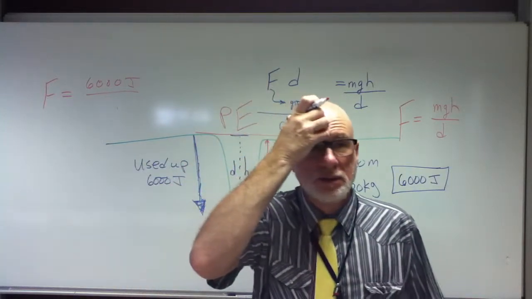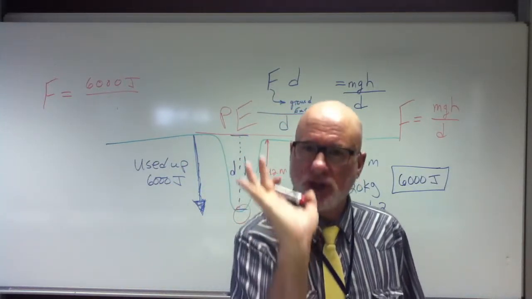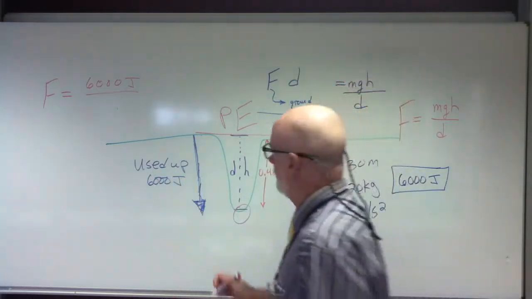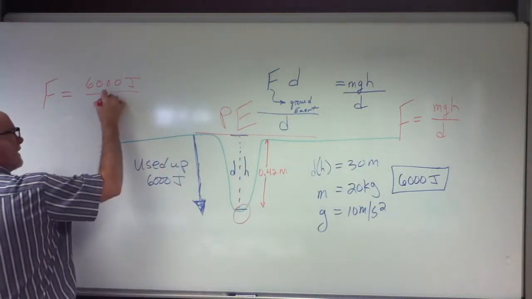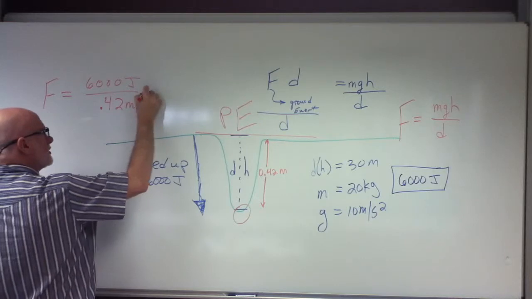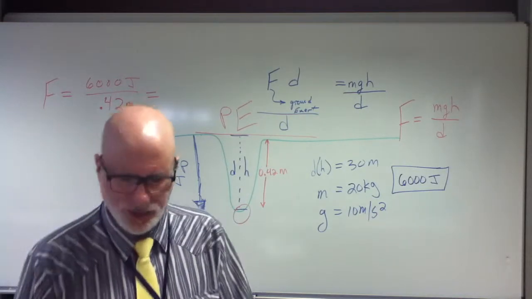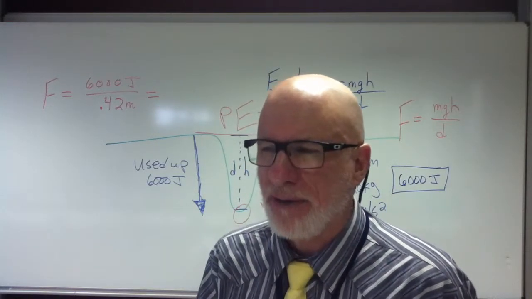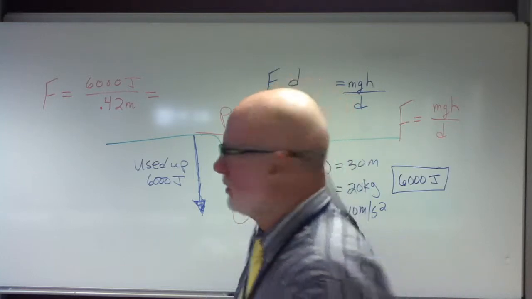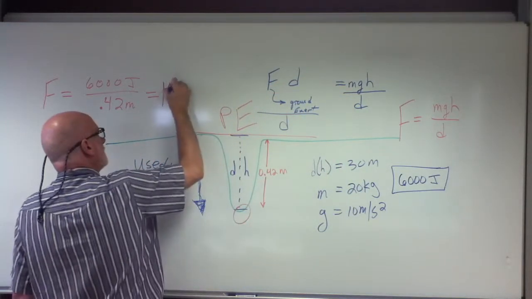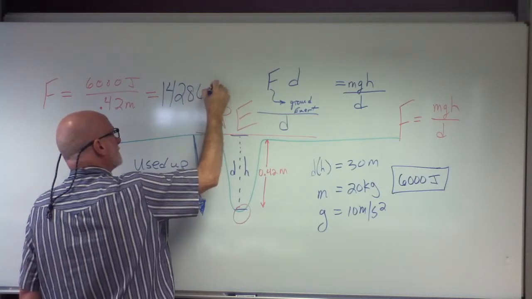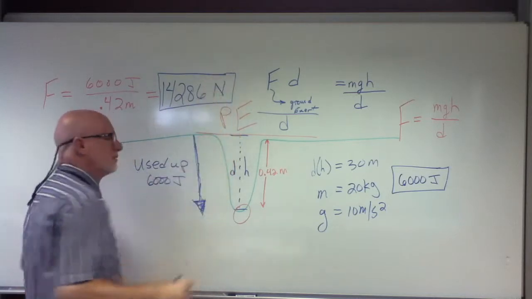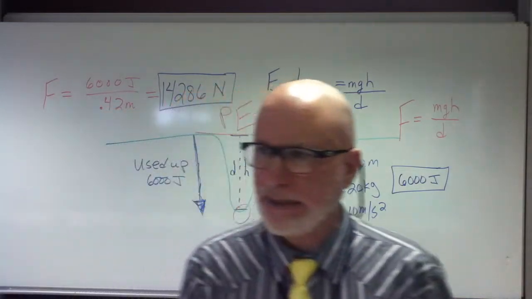So what force was exerted on the Coyote to stop it? 6,000 divided by 0.42 meters equals what? Anybody have an answer for me? 14,285.7. Let's round that to ones place. 14,286 newtons. Okay? You get it? Easy?